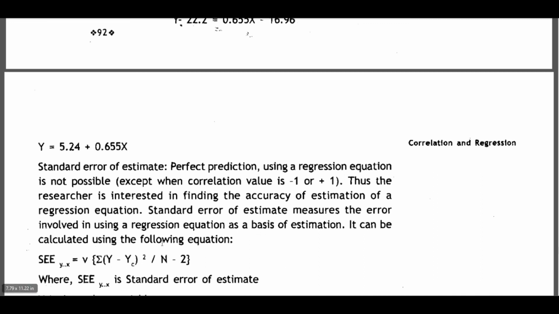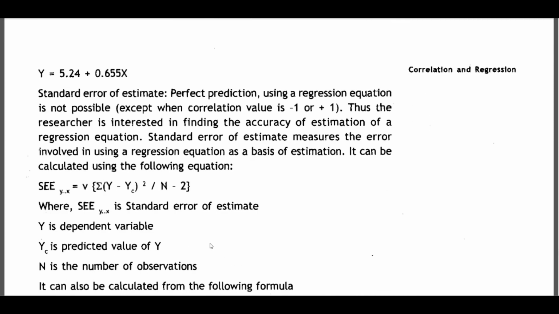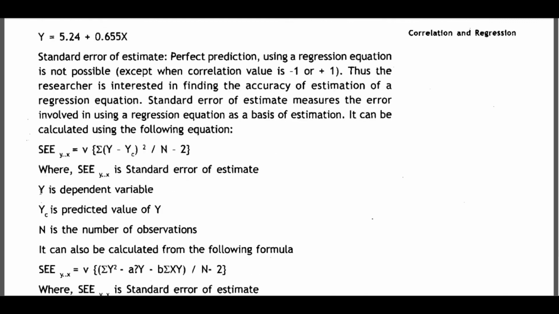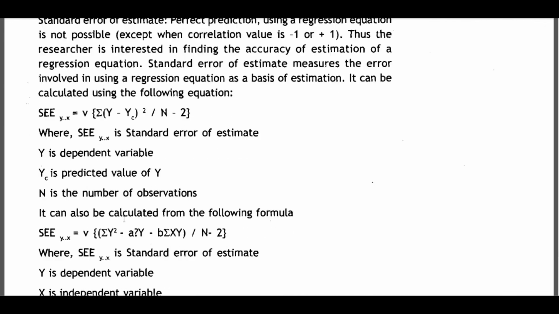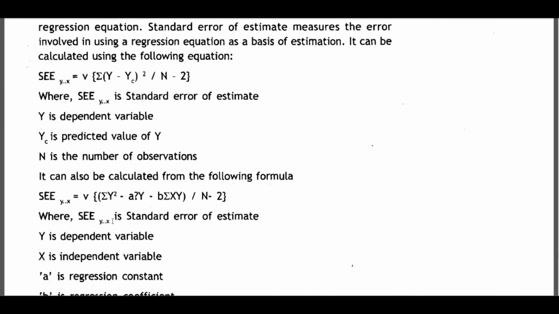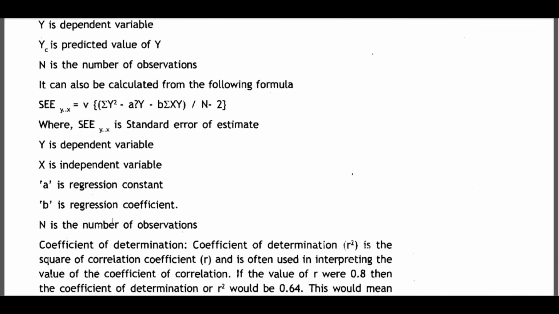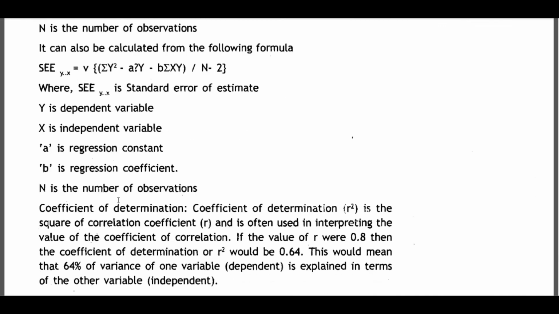It can be calculated using the equation SEE, standard error of estimate, where y is the actual value, yc is the predicted value of y, and n is the number of observations. If we substitute these values, we get the standard error.